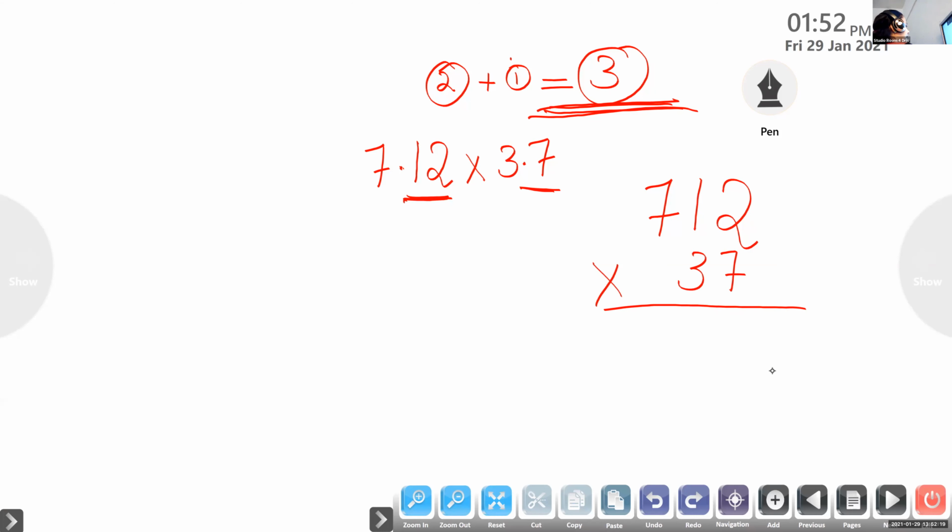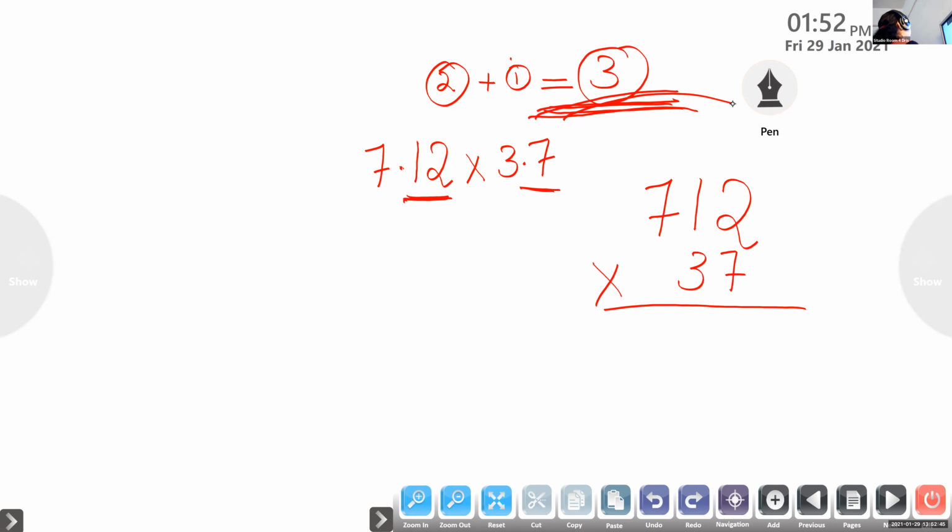Multiply 712 times 37. Madhav, are you multiplying? Just normal multiplication. There is no change in multiplication. Only the decimal point you have to place, see how many digits.